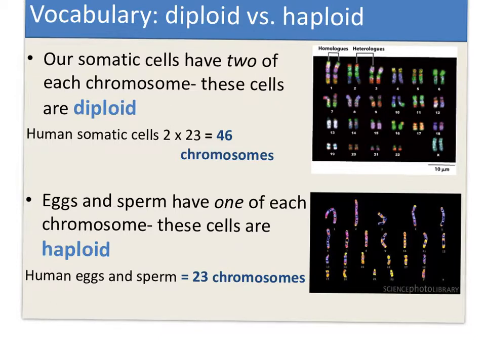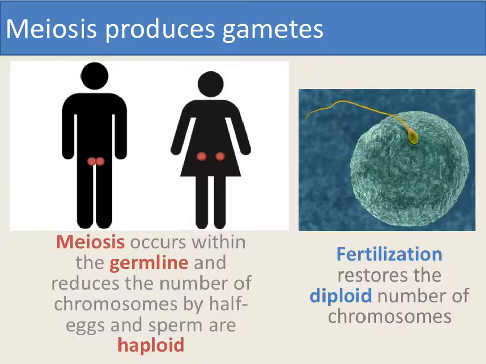So, if a sperm has an X and fertilizes an egg, what sex do you think it'll be? Yeah, female. If it's a Y, it'll be a male. So it's the male gamete that determines sex. Okay. So remember, these are haploid. Okay, let's go on from there.